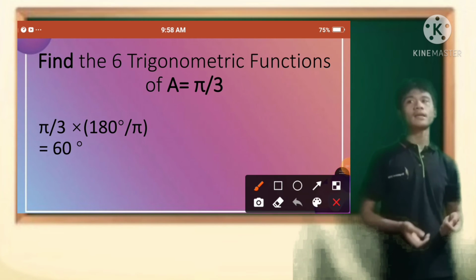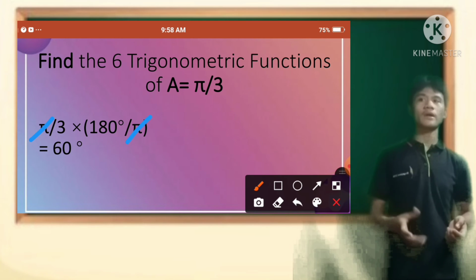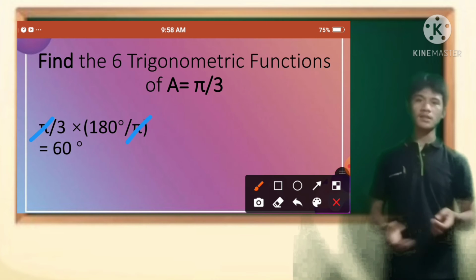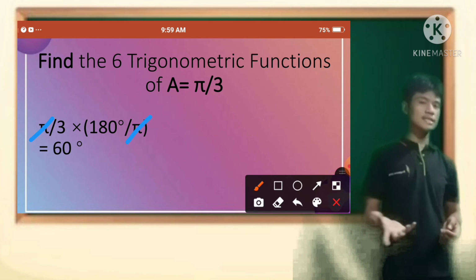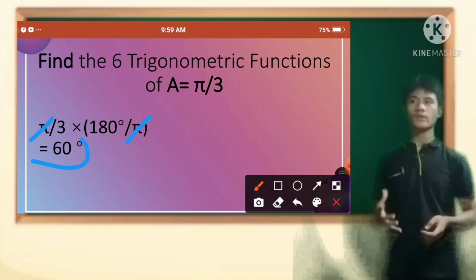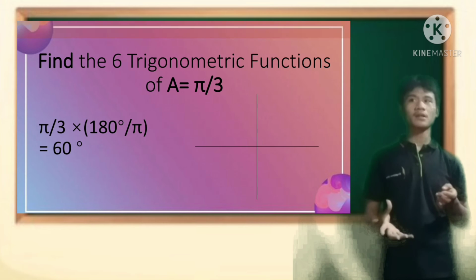Cancel out the pi symbol in the given and the formula. We have the remaining 180 degrees over 3. 180 degrees divided by 3, so we have 60 degrees.